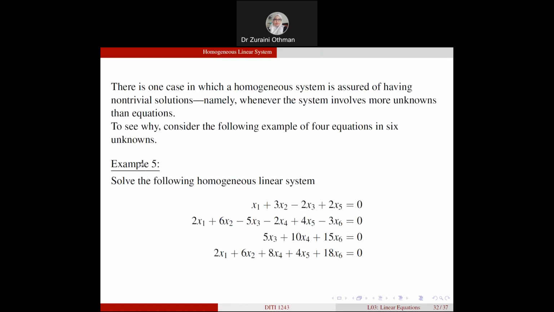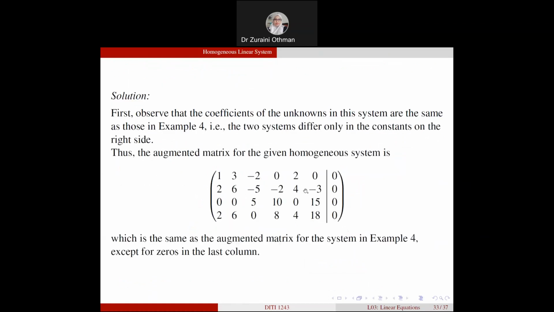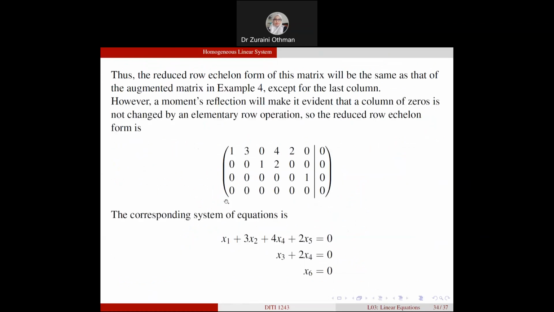Then this is another example of a homogeneous linear system, which we have like this, and we convert it into the matrix and do row operations. We get it like this. Then if we have numbers here but don't have numbers in this place, it means that x6 is equal to 0, and x3 plus 2 x4 is equal to 0.